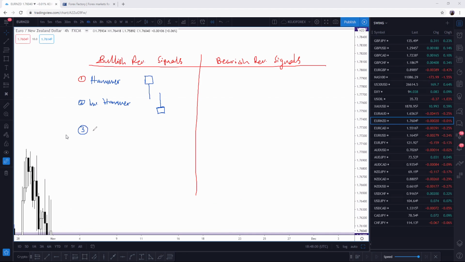And then number three, we have the morning star formation. Usually with the morning star, you have a bearish candle, which I'm going to represent in red, that pushes the price down.